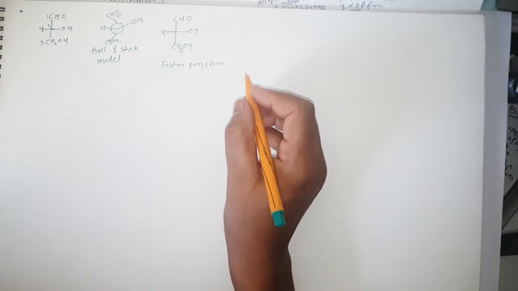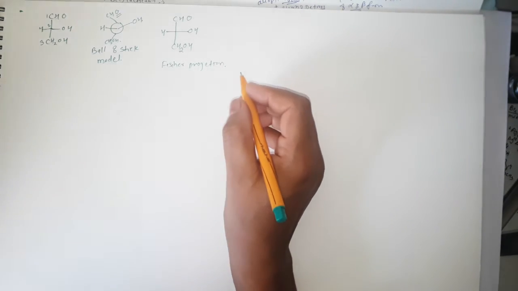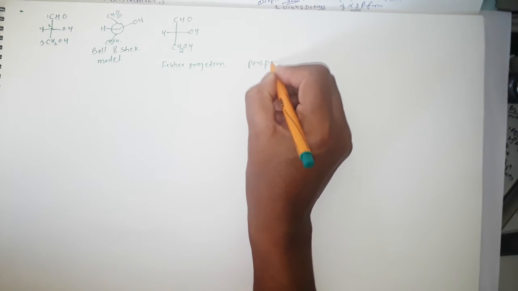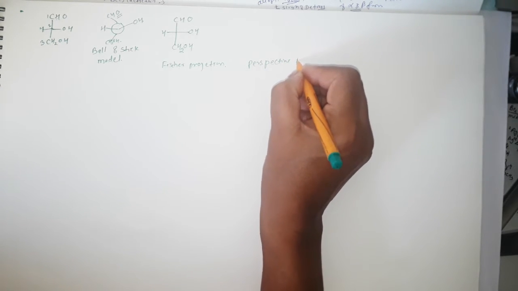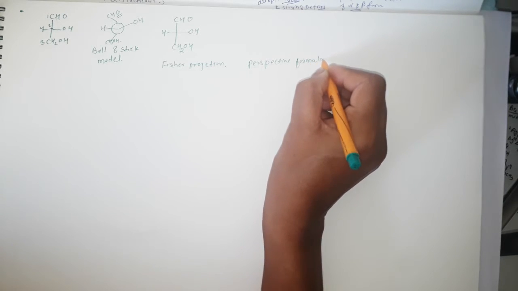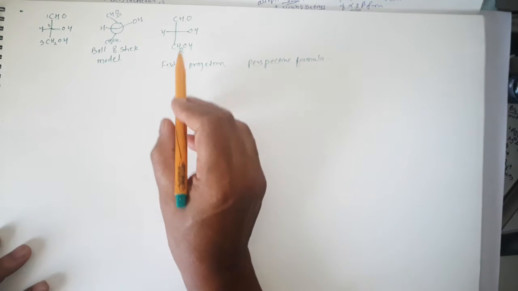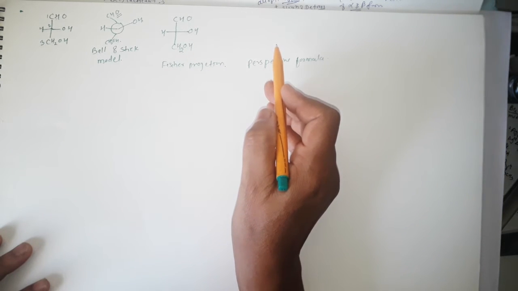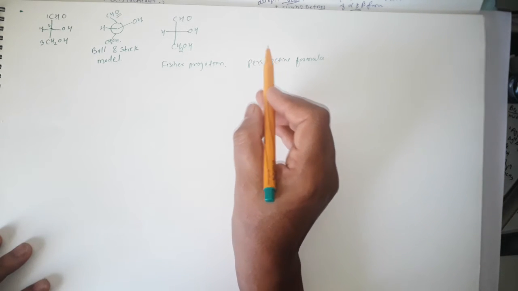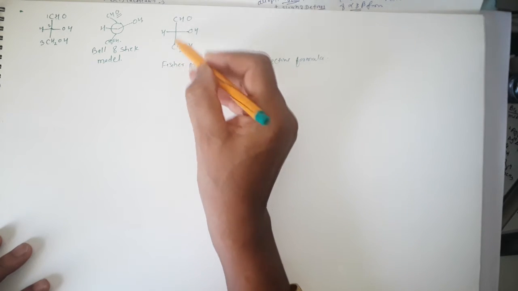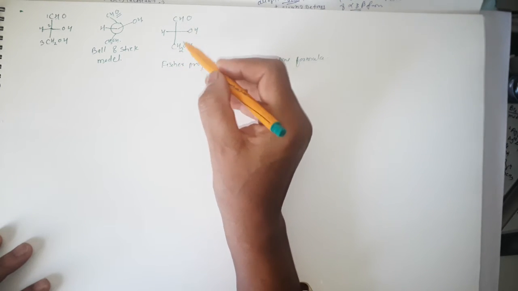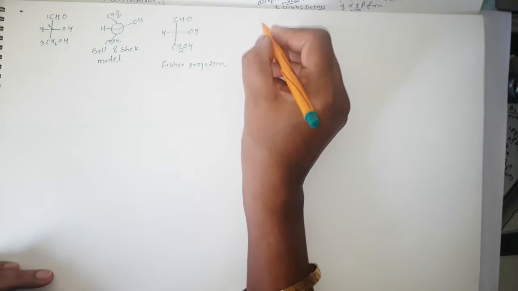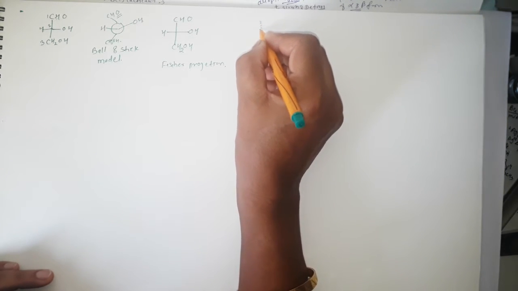Now, another one is the perspective formula. So, how can we write down this glyceraldehyde into a perspective formula? Here we represent the vertical bonds, below the plane, as dash or dotted lines.